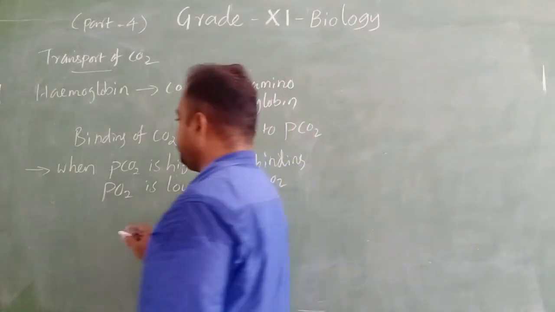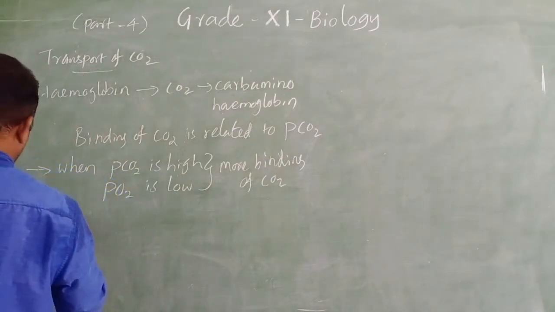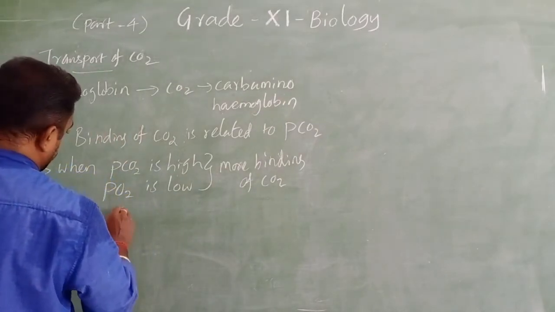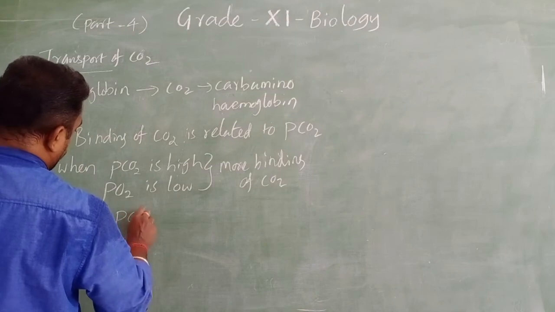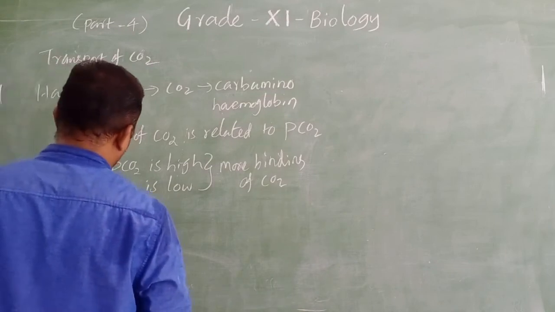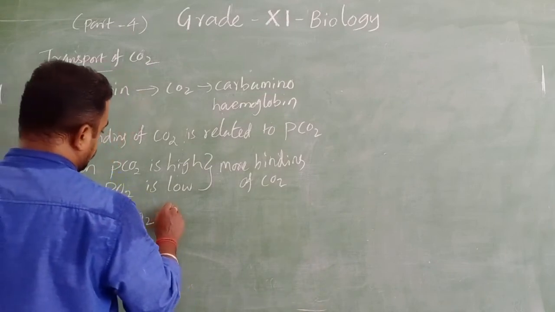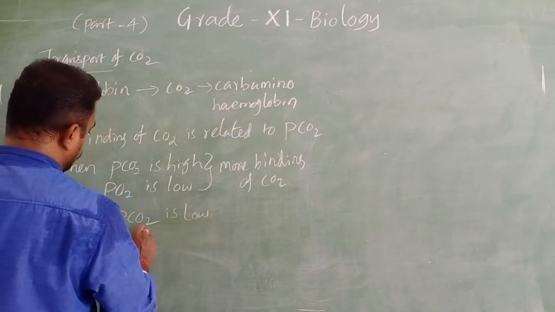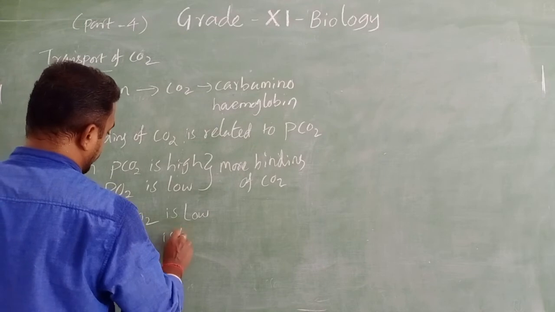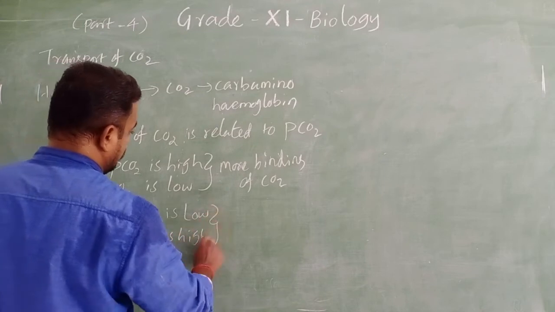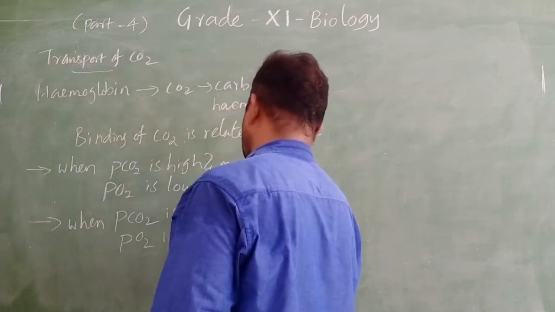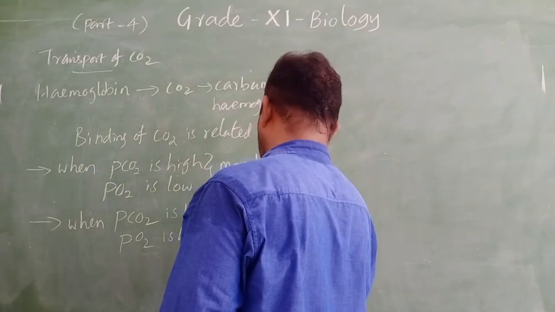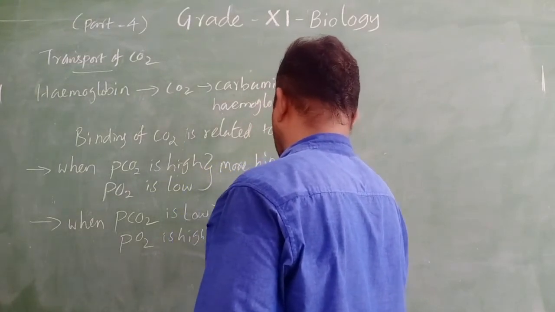The next thing, in alveoli, when the partial pressure of carbon dioxide is low and partial pressure of oxygen is high, that means the dissociation is happening in alveoli.